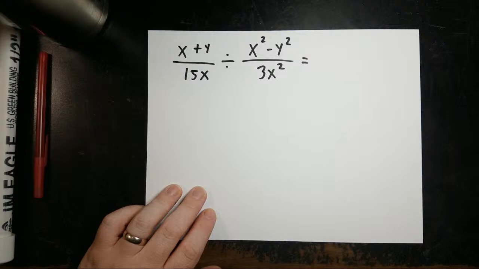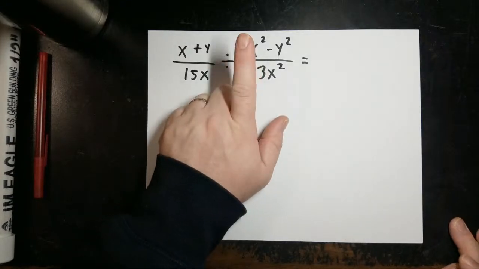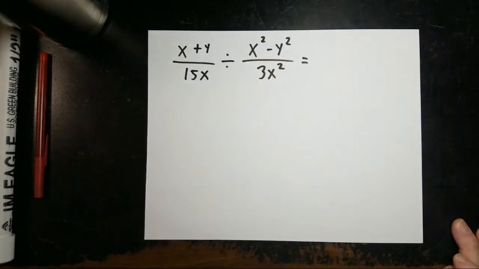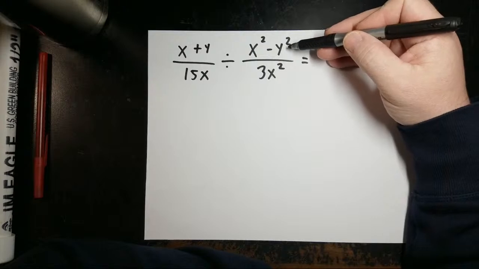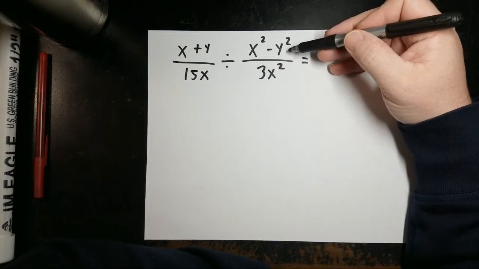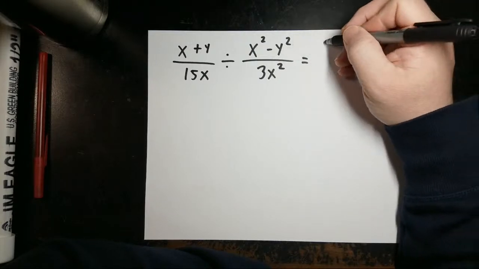Just a tad bit more. With this problem, yes, you're not used to seeing it as x squared minus y squared. We're not used to seeing it with multiple variables there. But this one can be factored into x minus y, x plus y, just like every difference of two squares that we've seen.